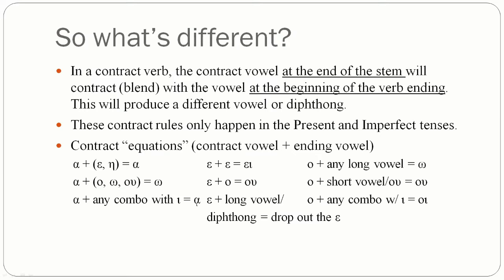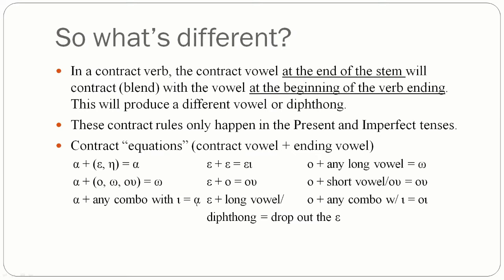With the alphas, the alpha of the stem blends with any E sound in the ending. Okay, so this is epsilon or eta. That produces an alpha. If you have an alpha in the stem and your ending begins with omicron, omega, or the diphthong omicron upsilon, that will produce an omega.